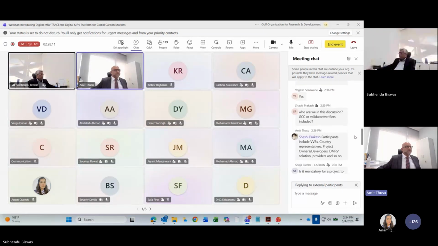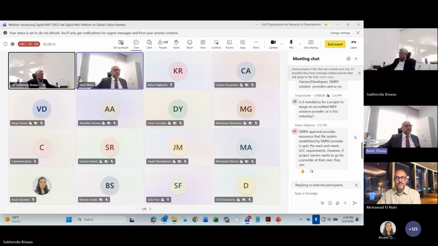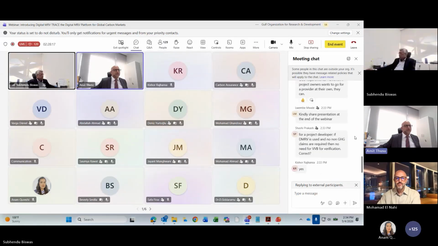Okay, thank you. Another one from Shashi: for a project developer, if DMRV is used and no non-GHG claims are required, then there is no need for verification? Yeah, so you understand that we as GCC have a standard requirement.